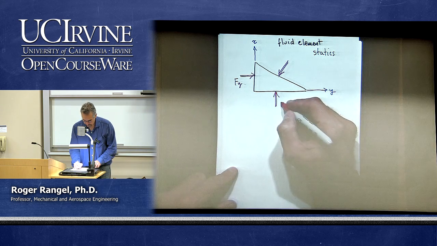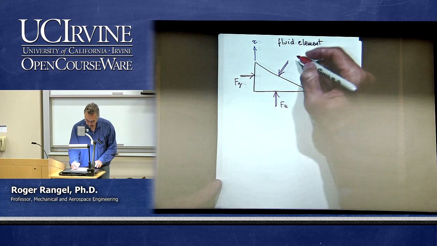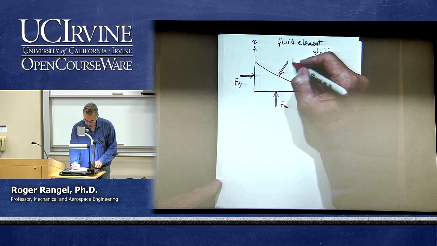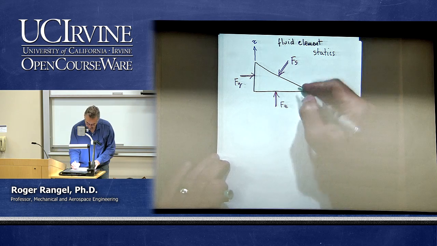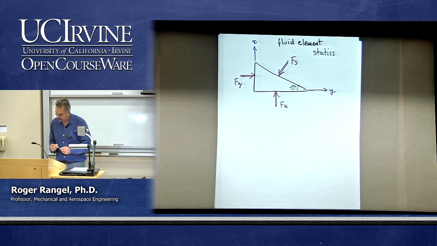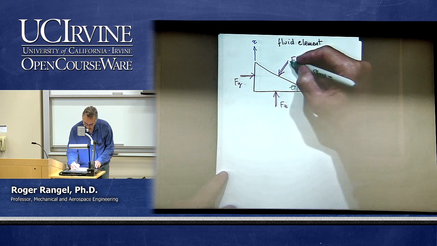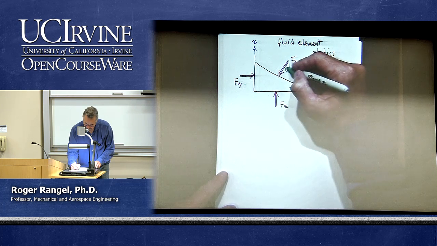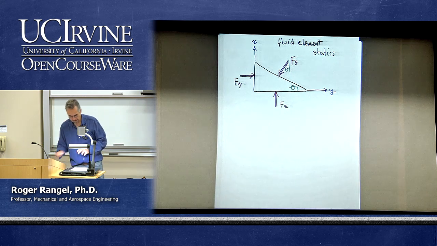Let's call that F sub z. And this generic one at an angle, we're going to call F sub s. So let's denote the angle here, call it theta, the angle of that wedge. And of course, that angle is also here. All right, so let's do a force balance.